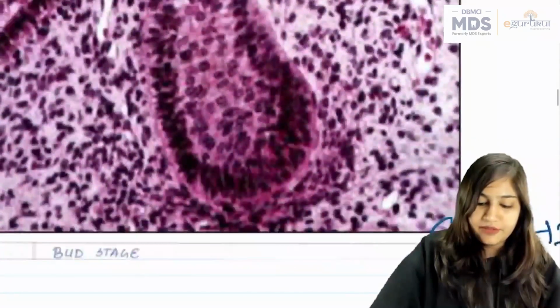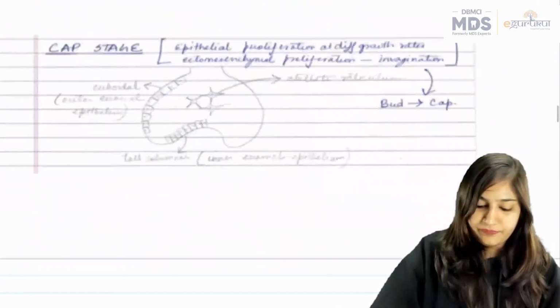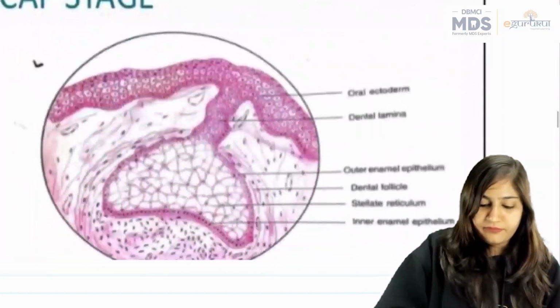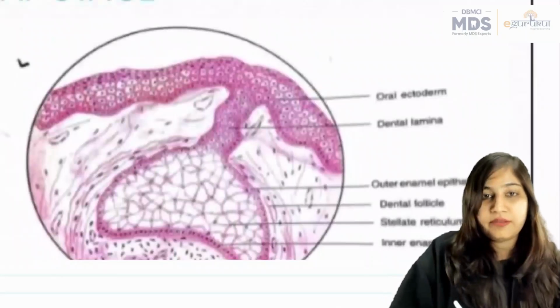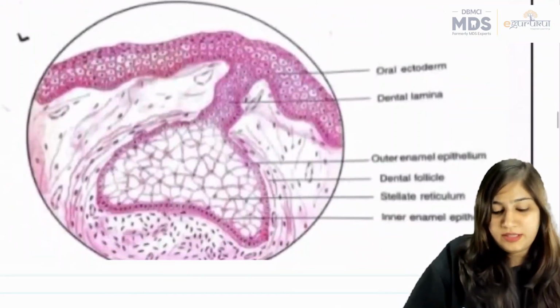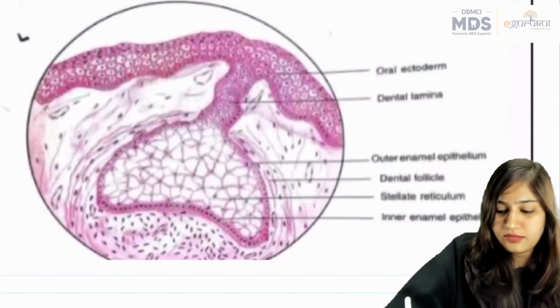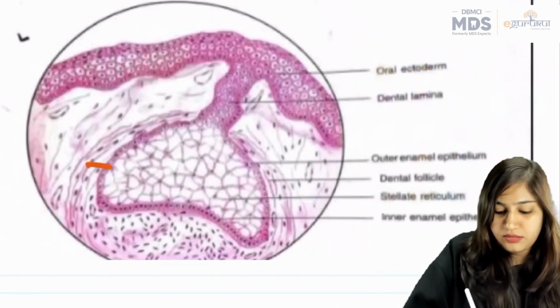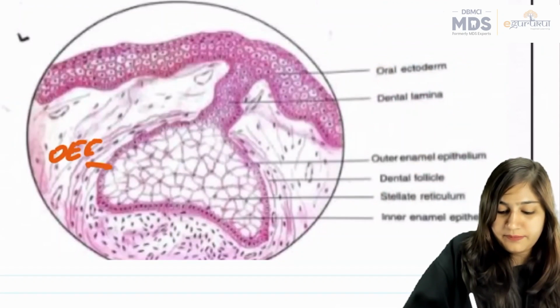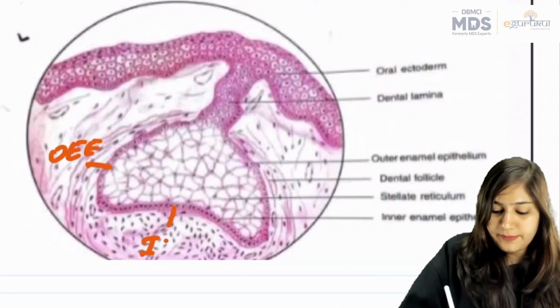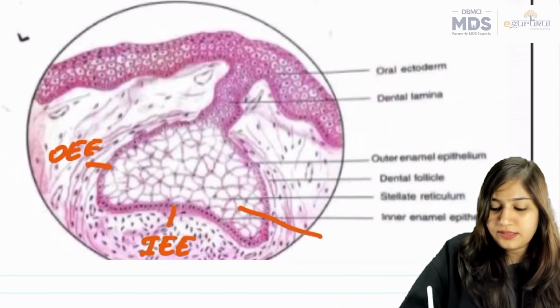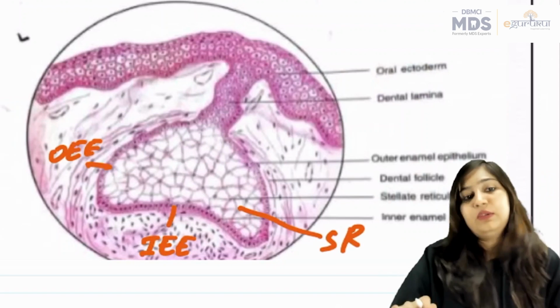In this diagram, we can see here, this is outer enamel epithelium, this is inner enamel epithelium, and this is stellate reticulum.